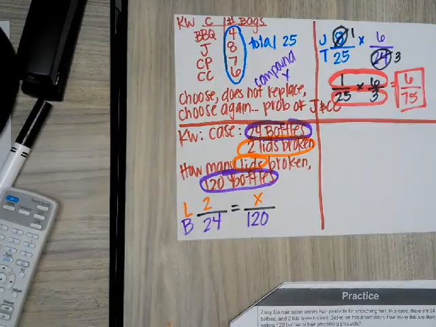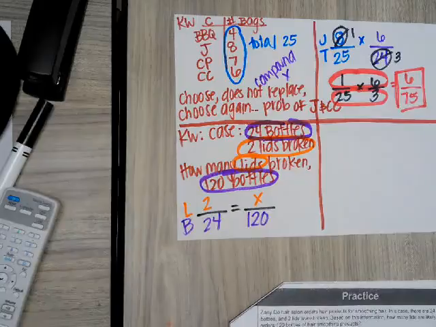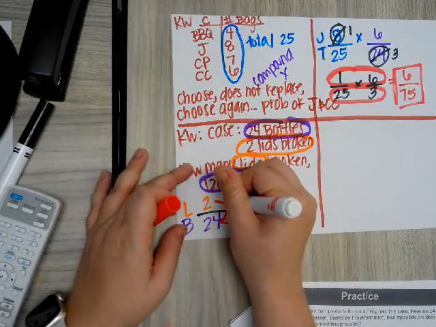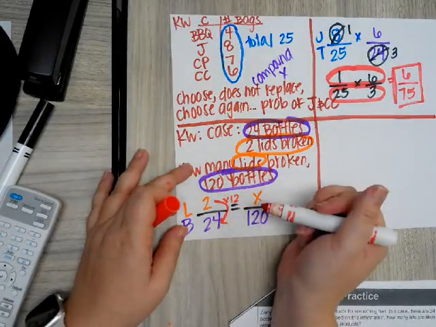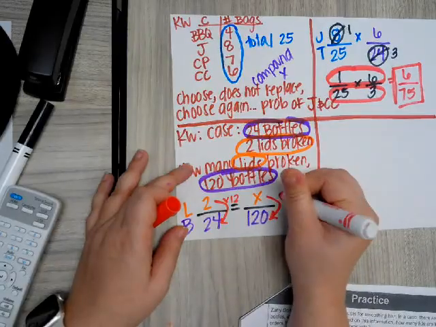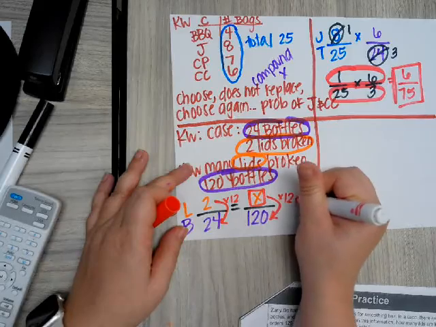I have a pattern here. I can multiply 2 times something to get 24. I can do 2 times 12 to get 24. So whatever I do to the left, I'm going to do to the right. So what can you multiply by 12 to get 120?